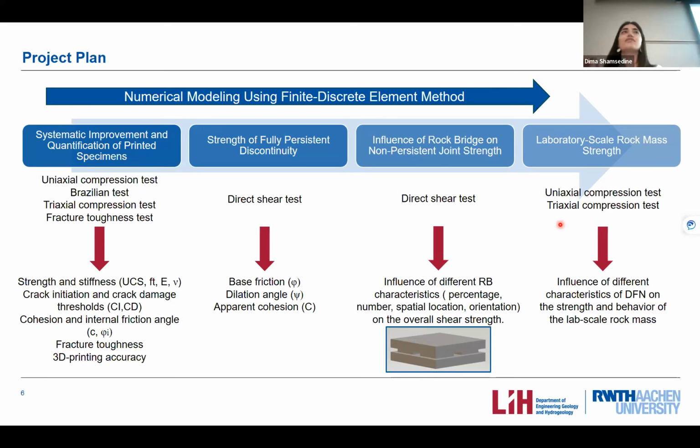So we will be able to print laboratory scale rock samples with an identified discrete fracture network and non-persistent joints, and be able to directly assess the strength and the behavior of this rock mass.